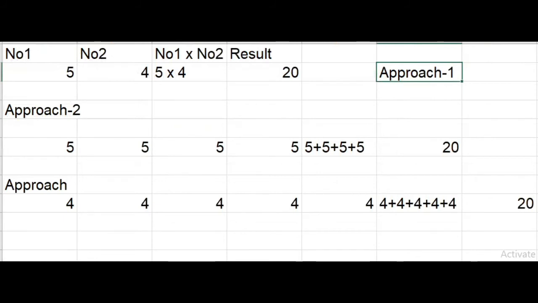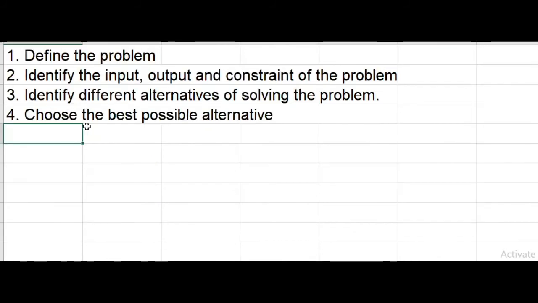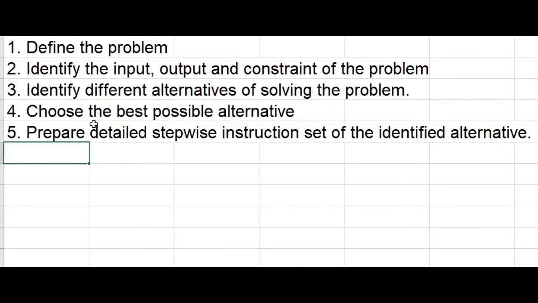In the same way, before creating the program, we identify multiple alternatives and we are supposed to choose the best one. Now remember one thing here: whether you are creating a program in any language like C, C++, Java, Python, or any other programming language, these steps have to be carried out each time, for each program or software.